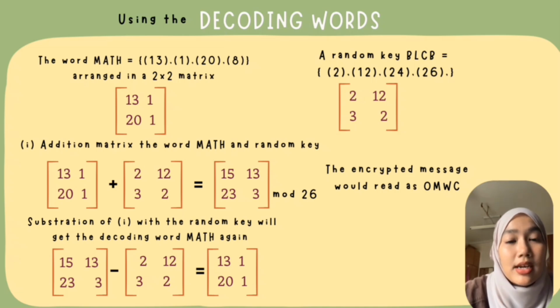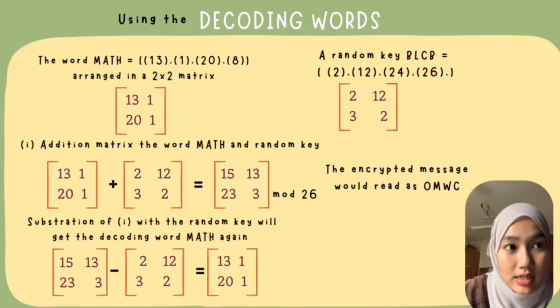This matrix is added with the random key BLCB, which when converted into a matrix would be 2, 12, 3, and 2. The sum of the addition of the matrix for the word MAT and the random key results in 15, 13, 23, and 3.